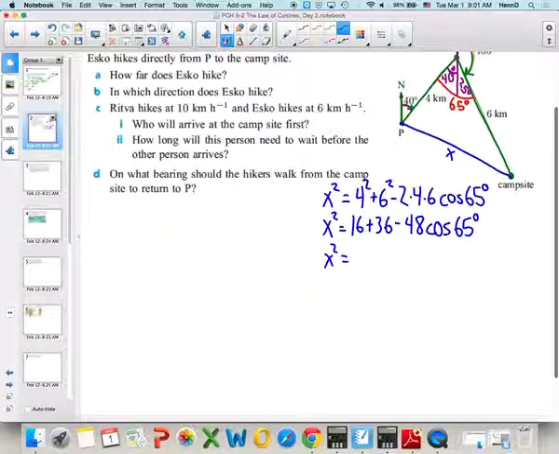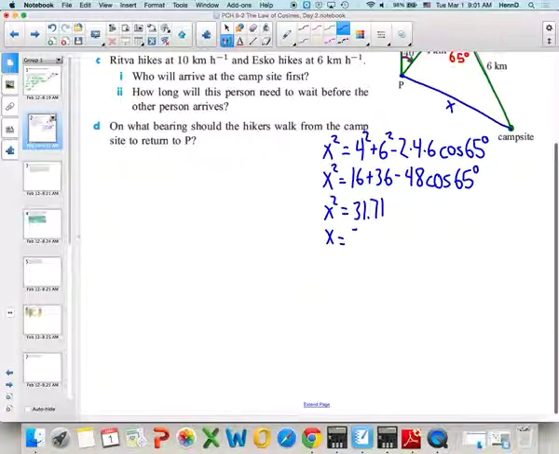So what does x squared equal? 31.71. And that means x equals 5.63. Plus or minus, but plus. Good. 5.63, and this is all in kilometers.